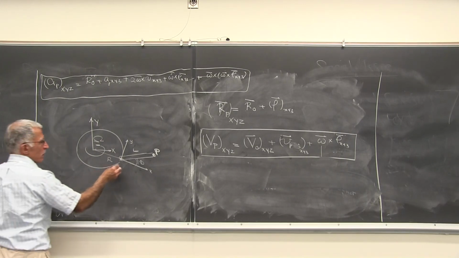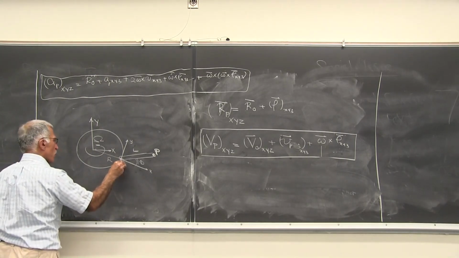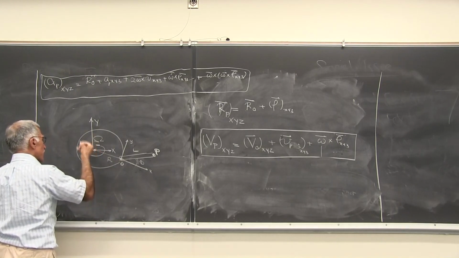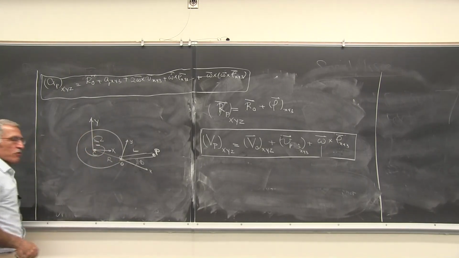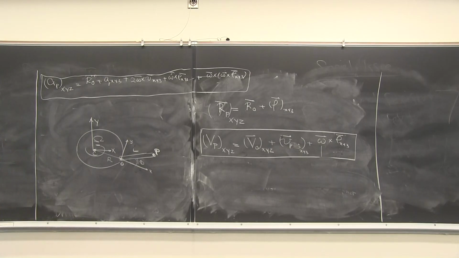And this point you can call it O, if you would like. And this point we can call the center, so you don't get confused. So now you can say, okay, no problem. This is my equation.